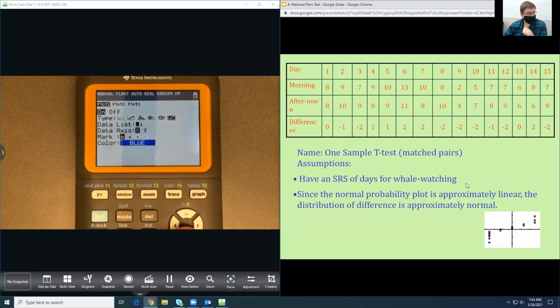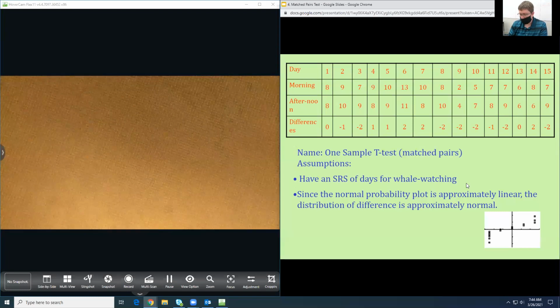All right, my data list that I'm looking at should be list number 3. So I have to hit the blue second button and then press number 3 to change that to L3. All right, if I hit graph, it's going to say I messed up. Good job, calculator. Did I do it wrong? Maybe it's L1.